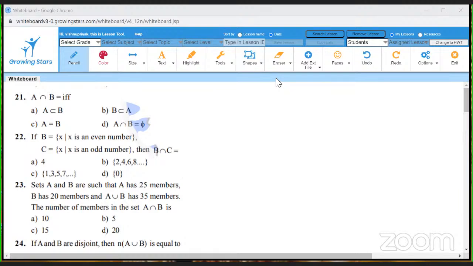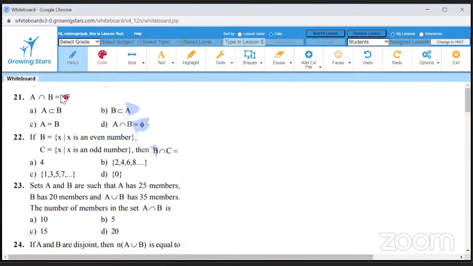Rajeshwari, you did not do 21. Yes, it is printing mistake. But I will correct it.